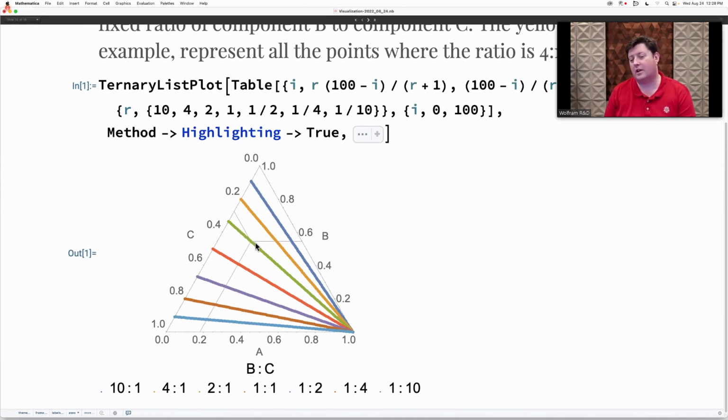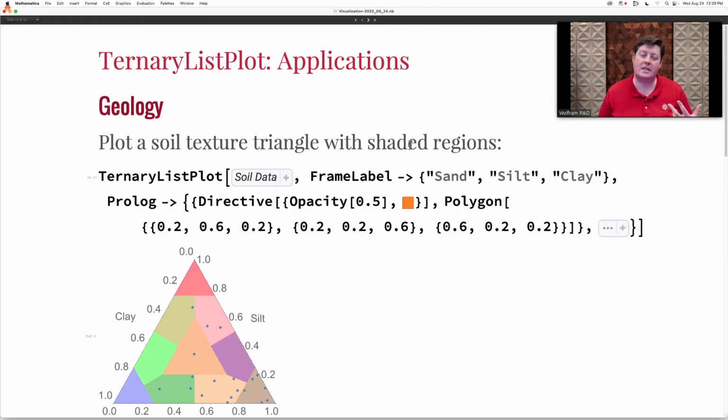And so everything along here is sort of at a 2-to-1 ratio of B to C. And unfortunately, the ticks don't reflect that in an easy way quite so much, but if you have lines going into one of the vertices, then that is a fixed ratio. And so next we'll look at some examples of this.